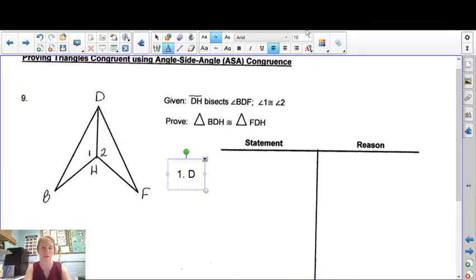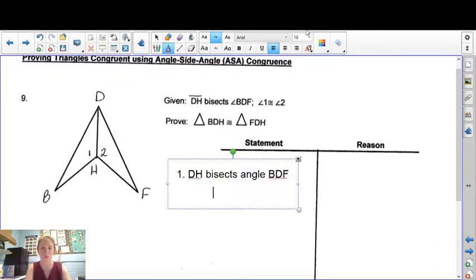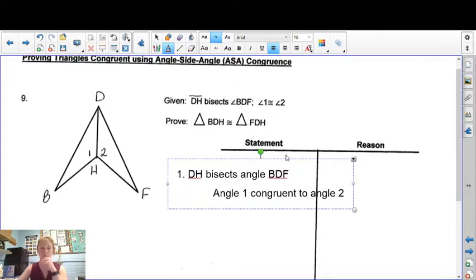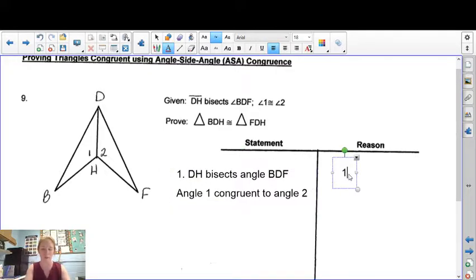We're given that DH bisects angle BDF. And we're also told that angle 1 is congruent to angle 2. So those are the first key parts right there, and our reason is just that it's given information.